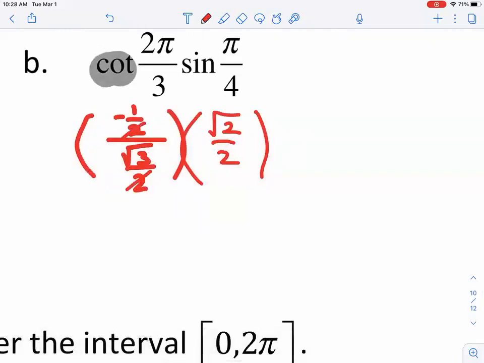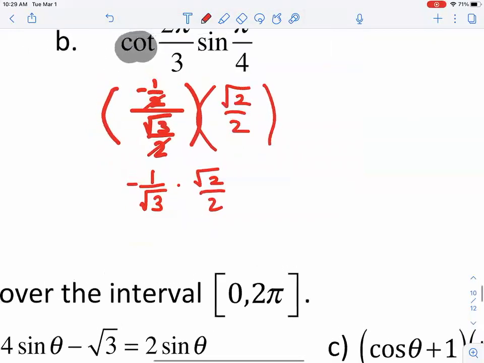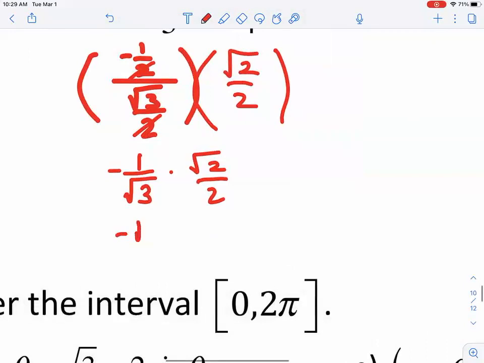Remember, if I divide by 2, I can cancel those. I have negative 1 over root 3. I'm probably going to need to rationalize, and I will in just a moment. That's going to be times root 2 over 2. So if I multiply top and bottom by root 3, that's going to be negative root 3 over 3 times root 2 over 2.